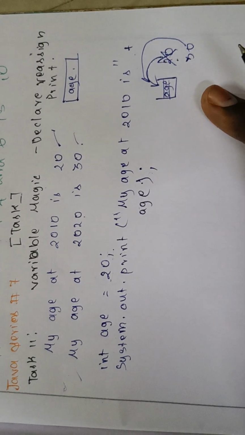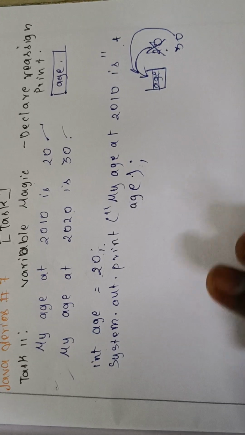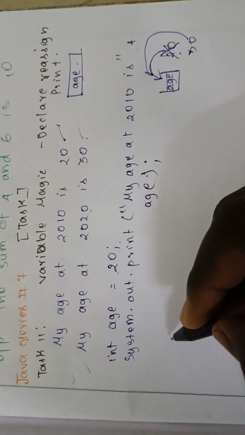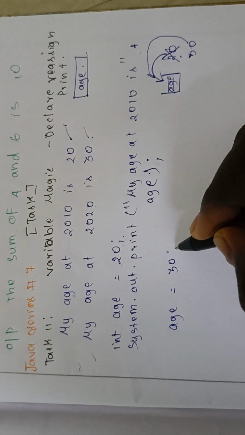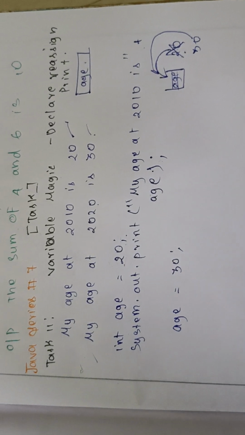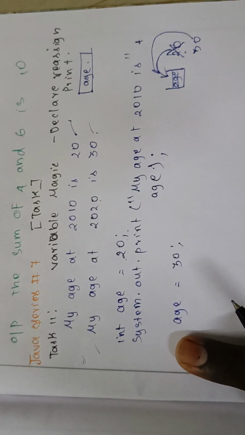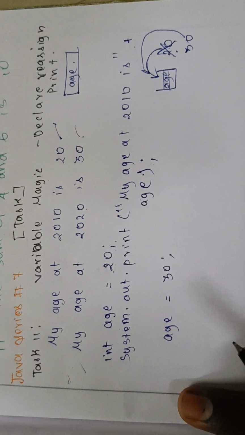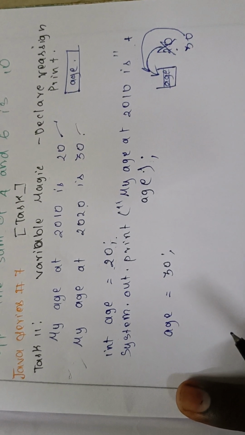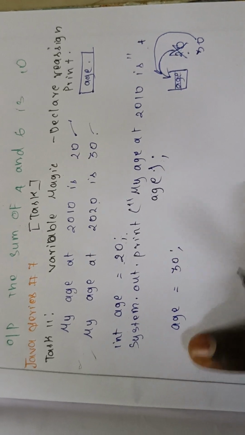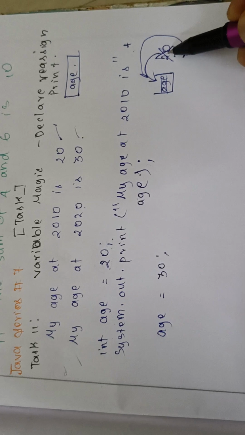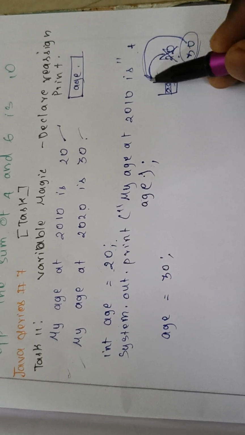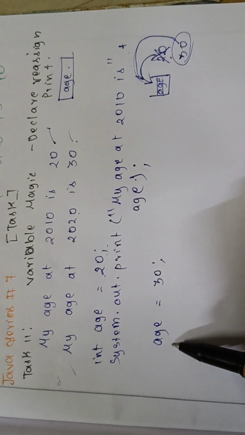How can we do this? It is very simple. Just write age alone: age = 30. If you write int, it will be taken as a separate variable, so don't do that. Write only the variable, so automatically the 20 will be removed and 30 will be stored in this variable.